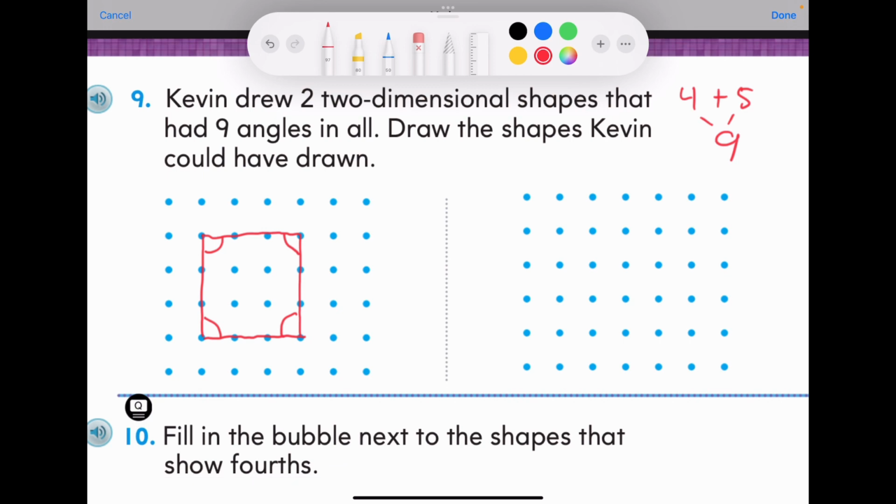So I'm going to do my best to draw a pentagon. And then if we count that, 1, 2, 3, 4, 5. So these are two two-dimensional shapes that have 9 angles in all.